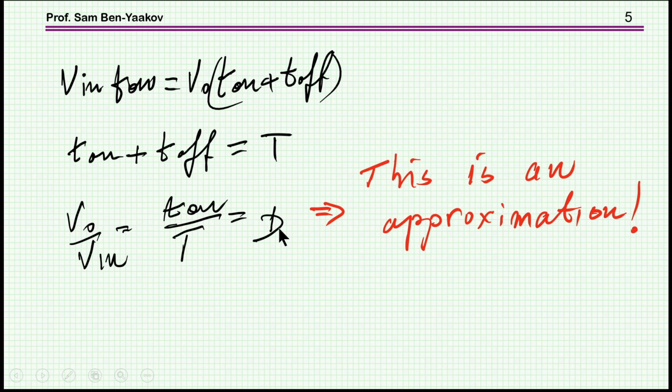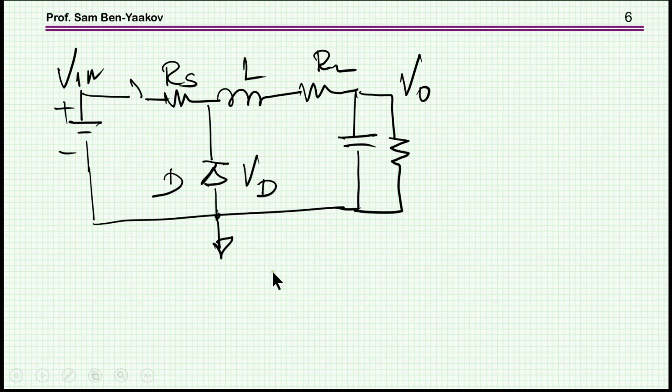However, this is only an approximation. There are many parameters of the circuit that will affect the gain and which we have neglected. So let's have a look at some of them, not all of them, but perhaps the most important ones. And these are the resistance of the switch and resistance of the inductor.